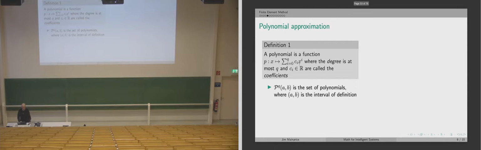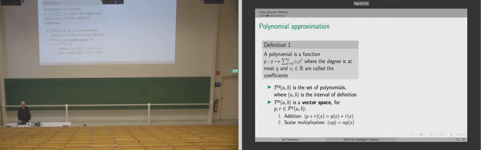We name P_q(a,b) the set of polynomials over an interval (a,b), where q again is the degree of the polynomial. And this is actually a vector space.